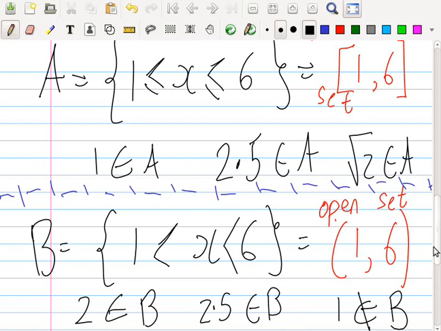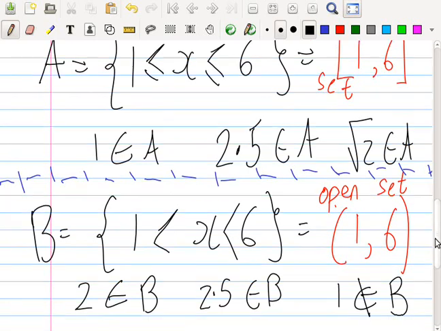Okay, now let's have a look at some questions now. So just a quick recap, we have R, Q, N, and Z as 4 basic sets, and now we have this new notation, a closed set and an open set.